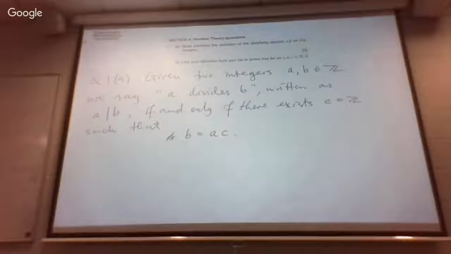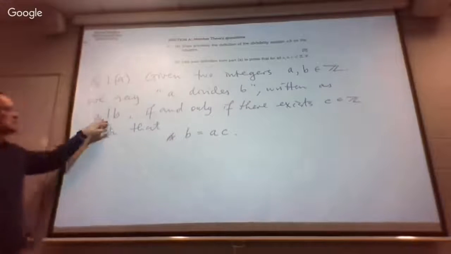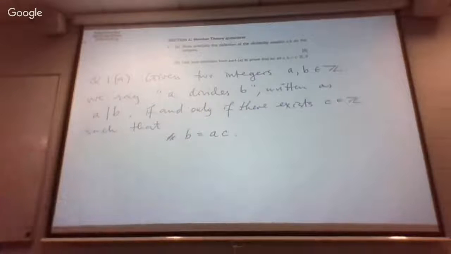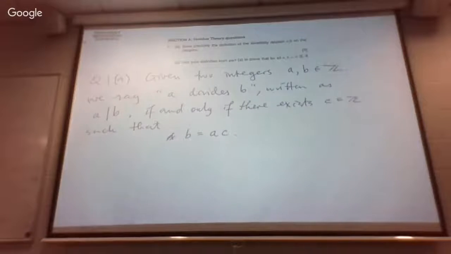I've used if and only if, nice and precise. I've given the English first, I talked about the notation and how you read it, how you say it. And is this a valid definition for any pair of integers A and B? Yeah, I don't think there's any non-zeroness or anything to worry about here. Okay, so something like that would get you the full 3 marks.